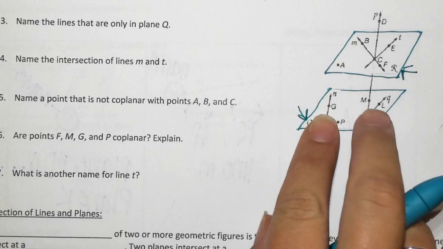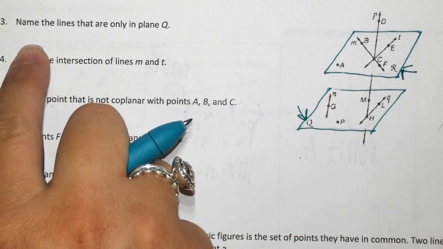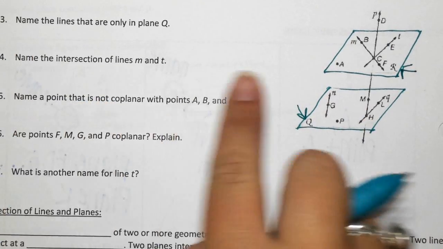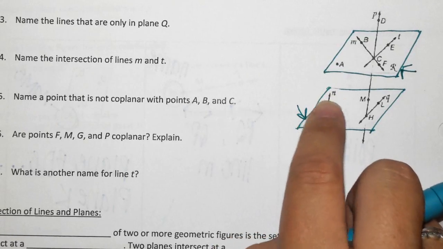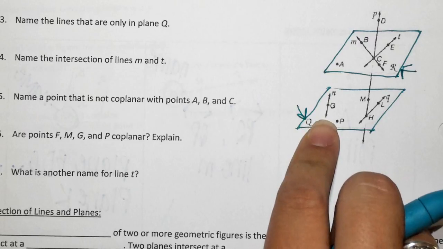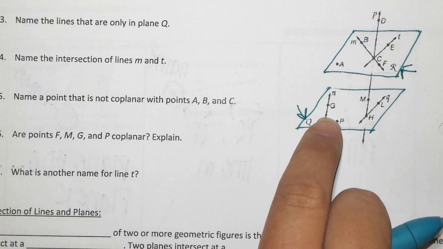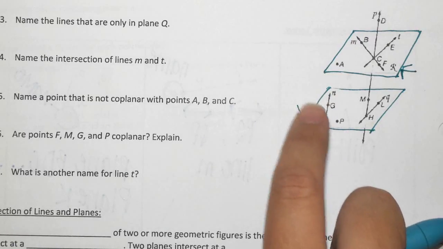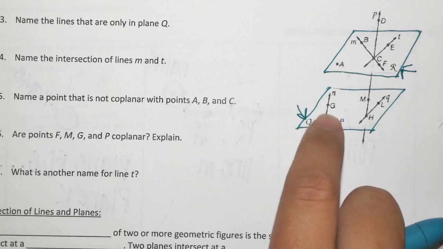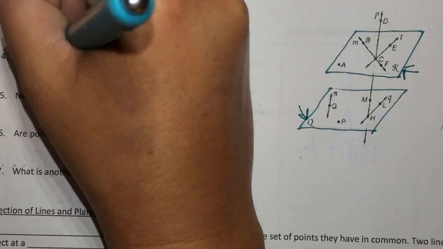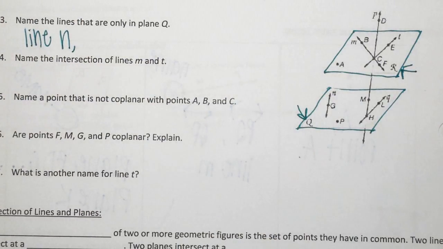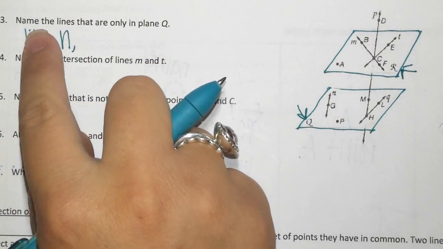So I want you to name these 2 lines and put your answer here. Well, the first one, you see this N right here? I can't name it using 2 points. Why? Because how many points are there? 1. So I can't name that one with a symbol. I have to name it line N. Very nice. Because it says name the lines.